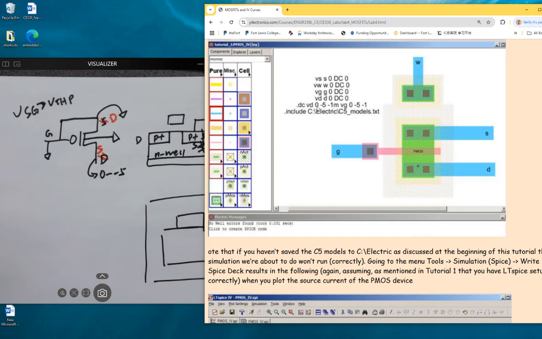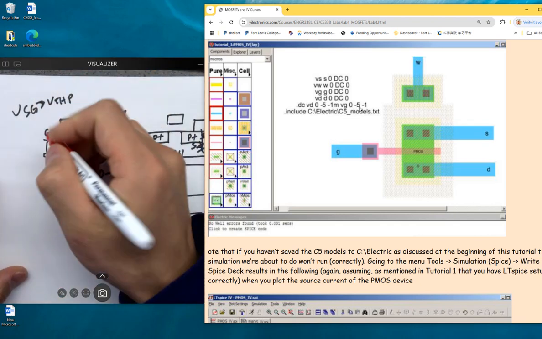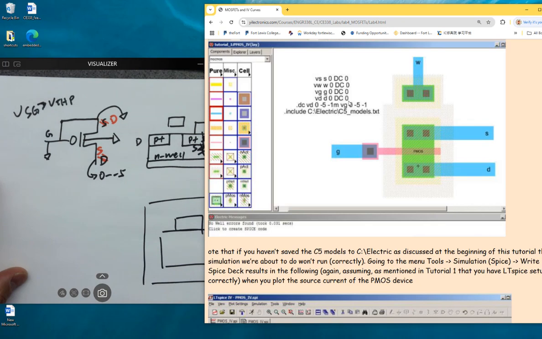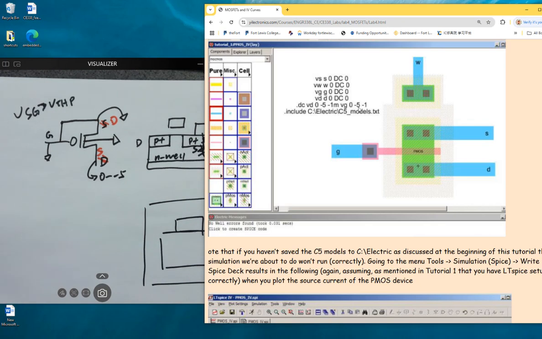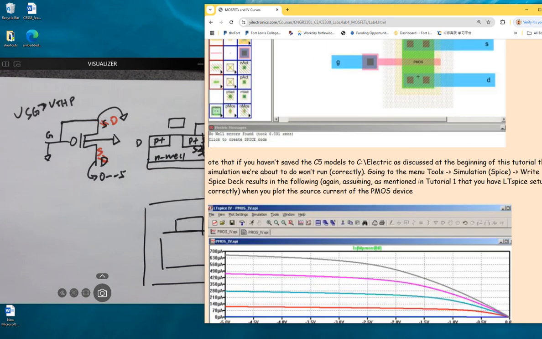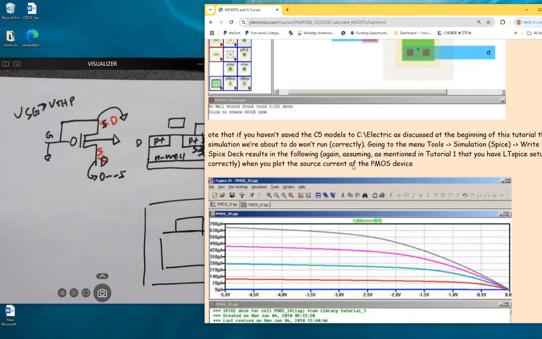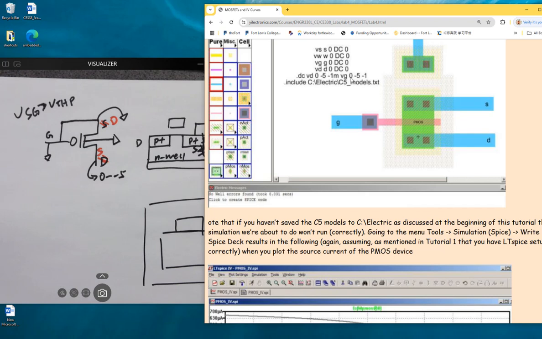From 0 to -5 volts, and the gate is sweeping from 0 to -5 volts. Gate voltage, even though it's grounded over here, the SPICE code is sweeping this one from 0 to -5 volts. No, it's a step. It's running different steps, -1 volt for each step.